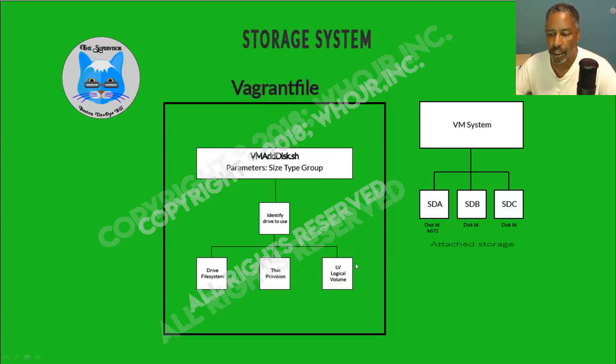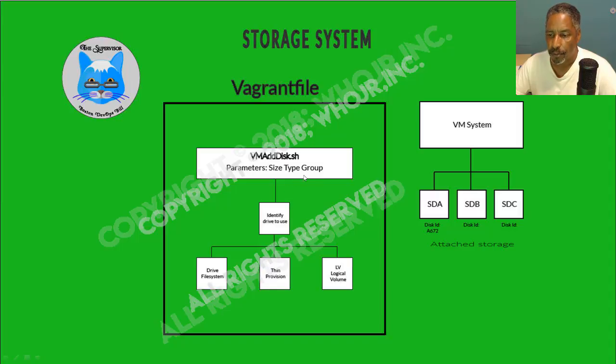And we have the logical volume drive, which means that whenever we want to build a bigger disk through a group of smaller disks, we can put them inside of a logical group and then treat each physical drive as a logical group and each logical group as a logical drive. It's easier done than said.